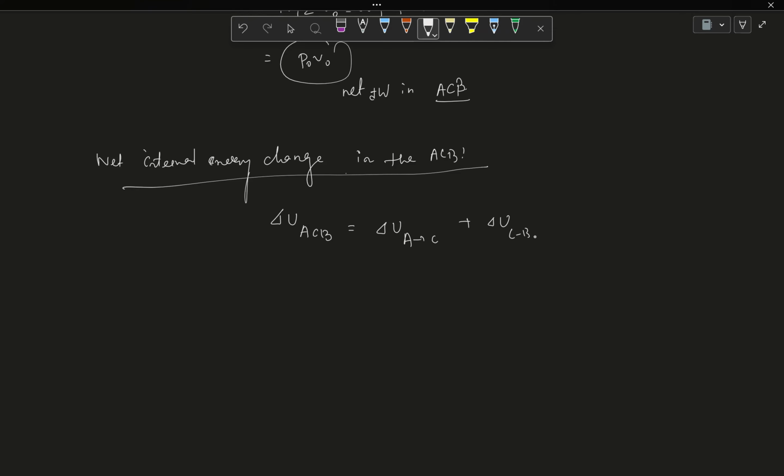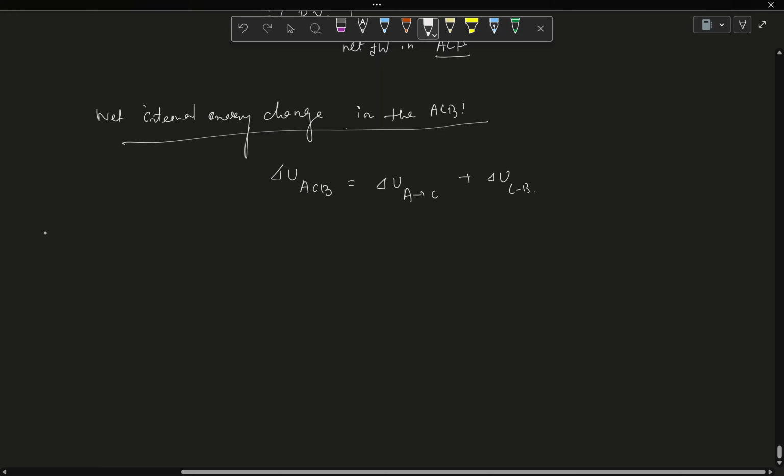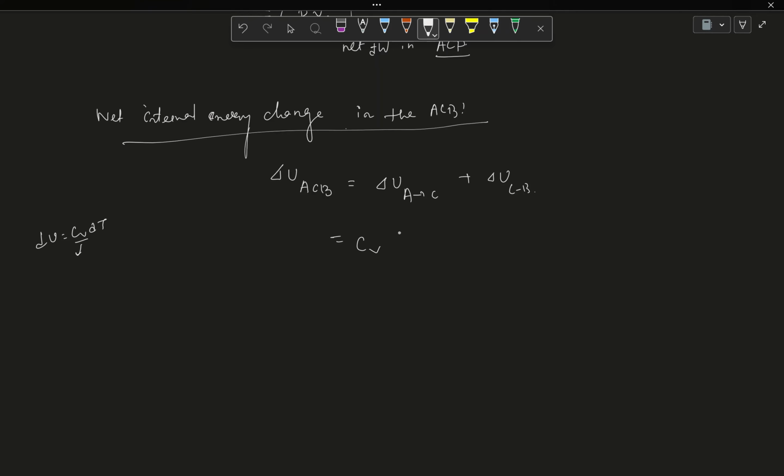Now, one thing to note is that you know that generally dU is just Cv dT, where Cv is the molar specific heat at constant volume. That is by definition. So delta U will be Cv into the temperature difference from A to C. Here the temperature at C we call Tc.